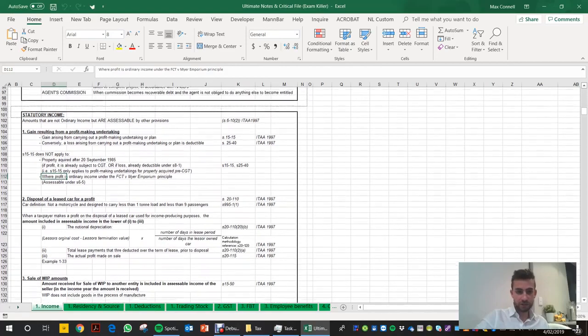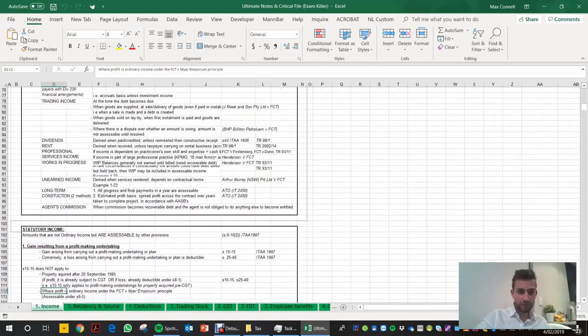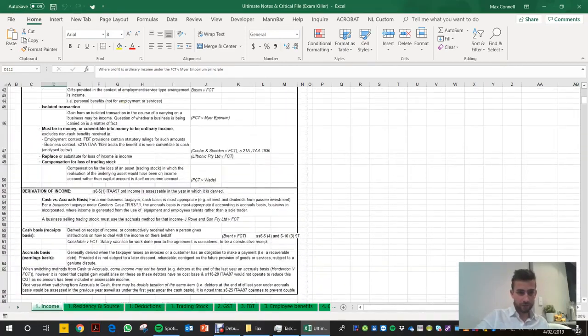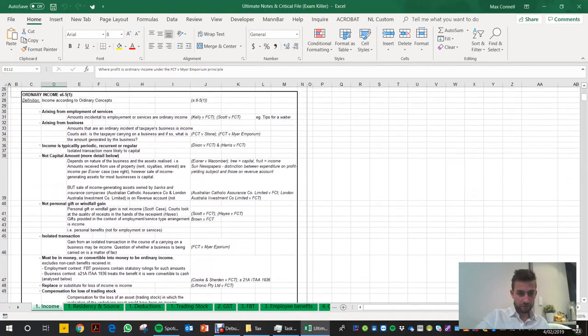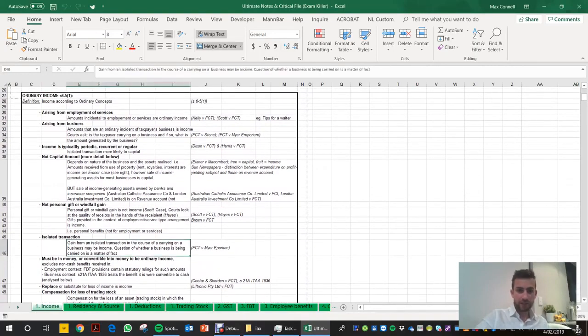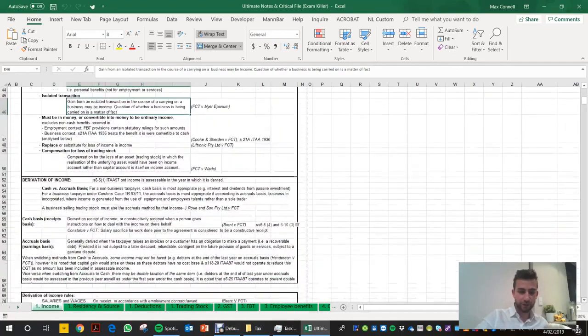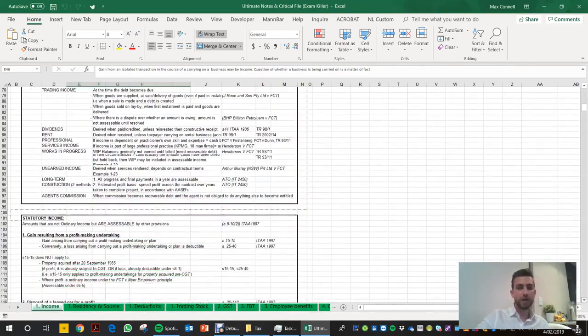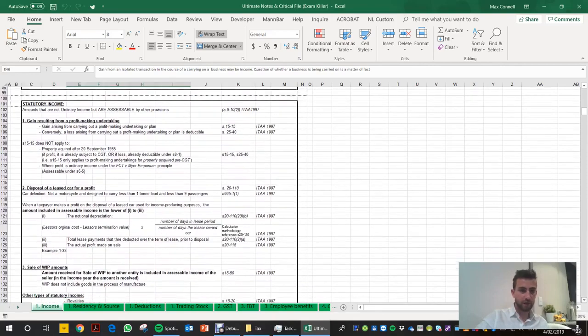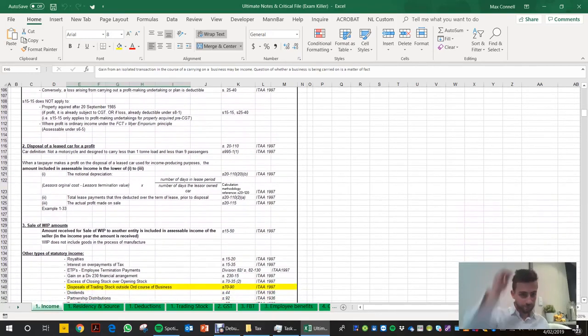So in certain instances, it might look like capital, but because it was an isolated transaction in the course of carrying on a business, that's the key phrase, carrying on a business, it becomes income. So in the below instance, we're flipping it, so it's not actually part of a business. It's a one-off profit-making undertaking, which would be assessable under ordinary income, section 6-5.